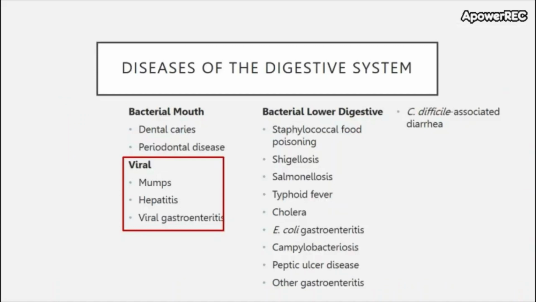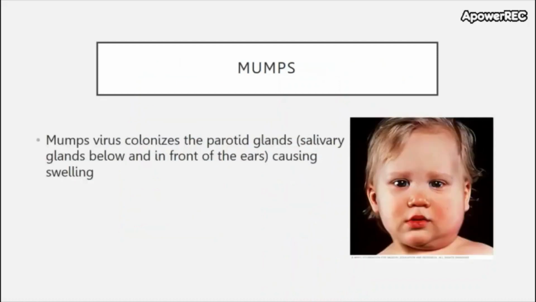Moving right along, let's talk about the 3 different viral sources of diseases of the digestive system that we'll cover, which are mumps, hepatitis, and viral gastroenteritis. Mumps virus colonizes the parotid glands, or the salivary glands below and in front of the ears, and this causes swelling, as you can see in this image to the right.